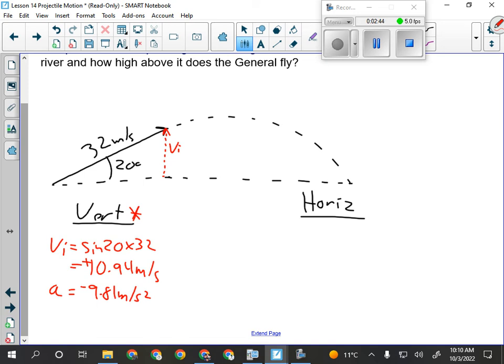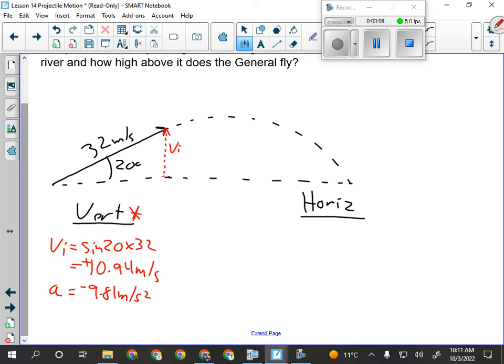So when I throw this marker up in the air, this is what the general E does from just a vertical perspective. It leaves my hand at 10.94 meters per second and it immediately begins to slow down. It slows down, it slows down, it comes to a stop, and then begins to actually fall back. So it accelerates at the same rate over the same distance.